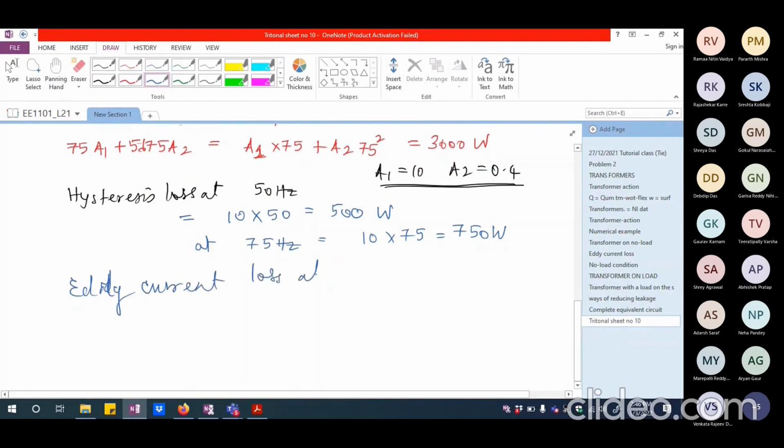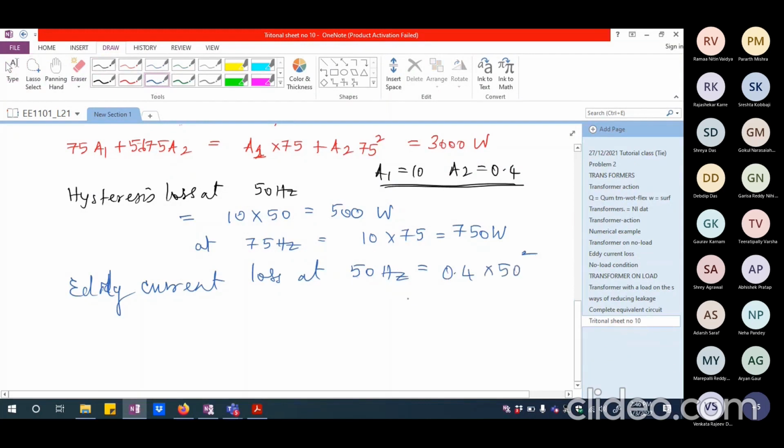So I should be able to calculate the eddy current loss at 50 Hertz. Eddy current loss, if I have to calculate, I should say 0.4 multiplied by 50 square. Right?